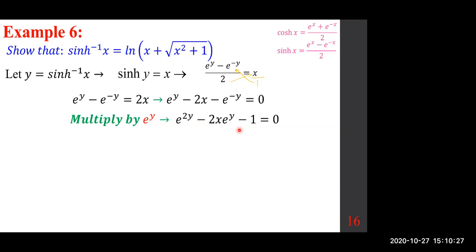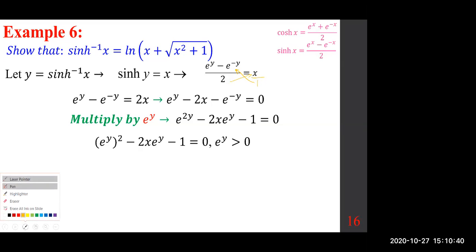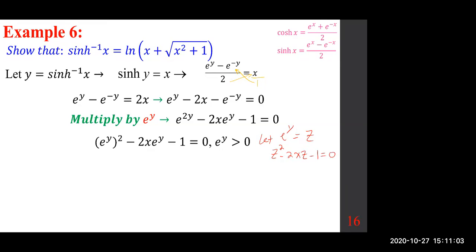Now, we treat this as a quadratic equation, quadratic with respect to e to the power of y. In fact, I'm going to rewrite it in this format. And if you have a hard time dealing with it just the way it is, you can let e to the power of y be, let's say, z, and therefore you have z squared minus 2xz minus 1 equal to 0.